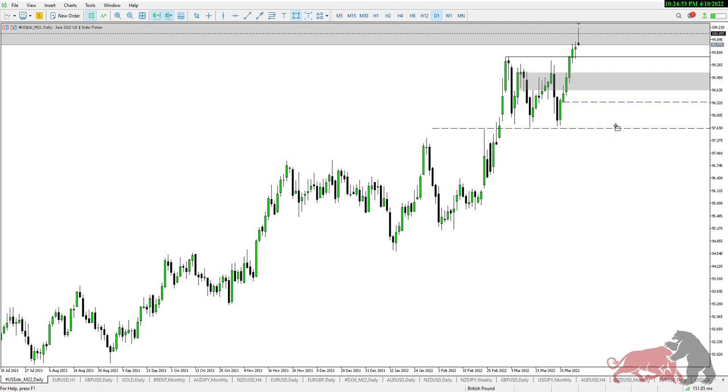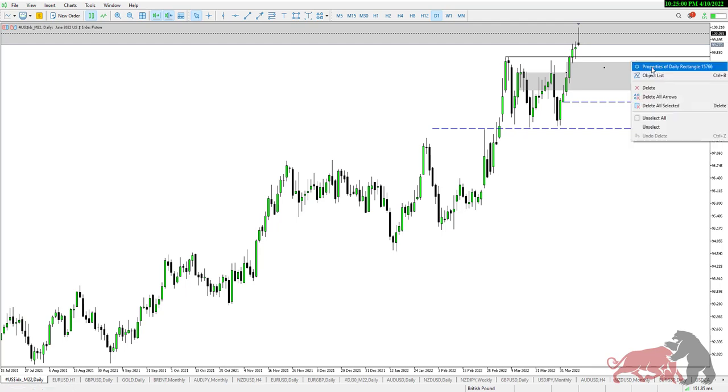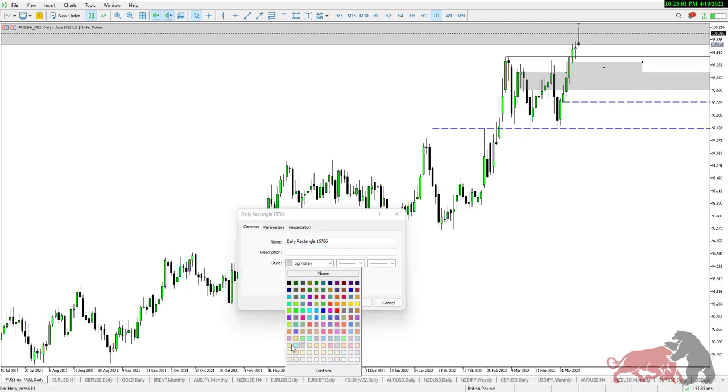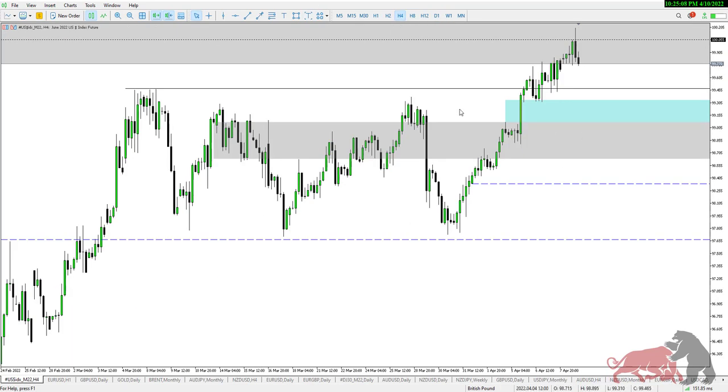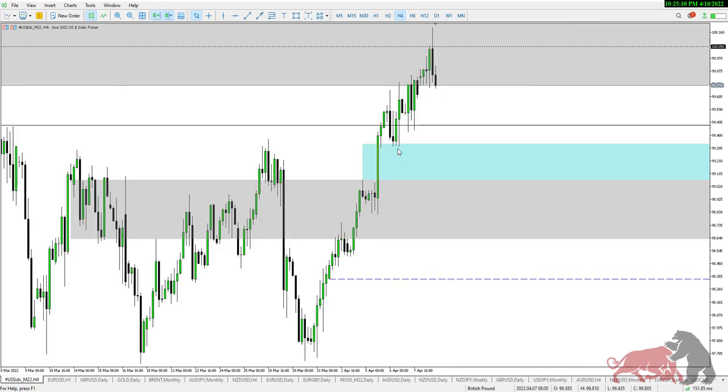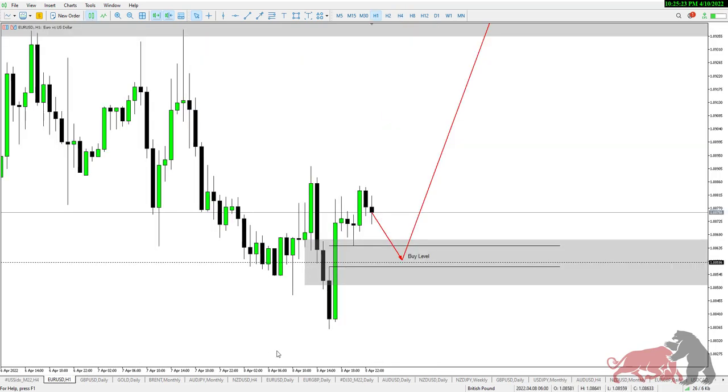And where is it going to dive down to? We've got this fair value gap here on the daily time frame. I'm going to give it a different color shade. This fair value gap will be the target for shorting opportunities on the dollar index. This is where we should anticipate it to find a bit of strength once this inefficiency has been filled. But your main focus now is on Euro USD.